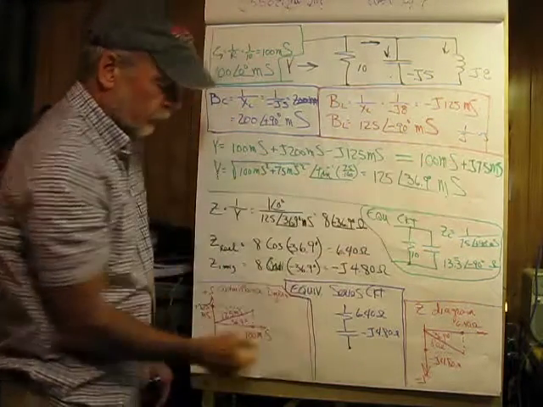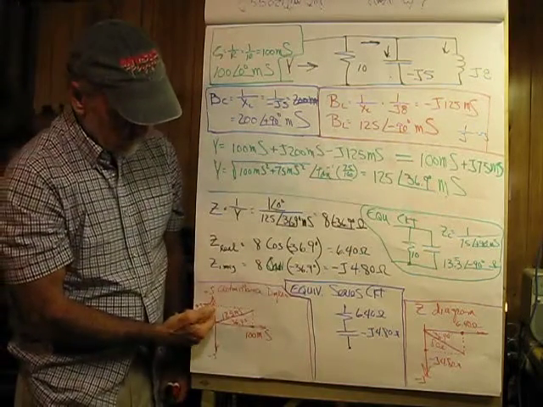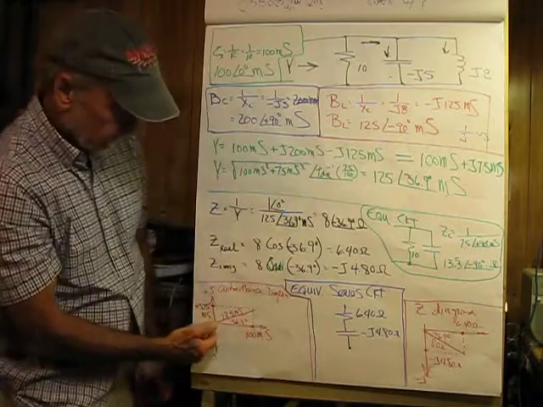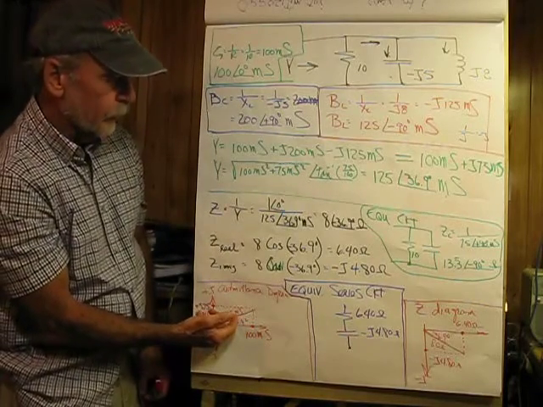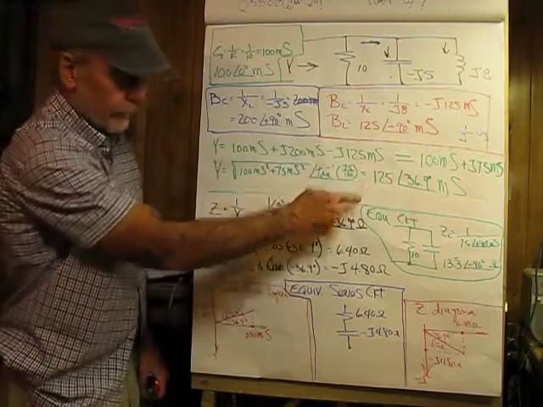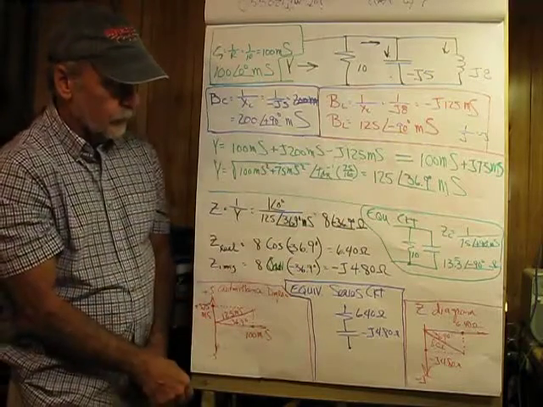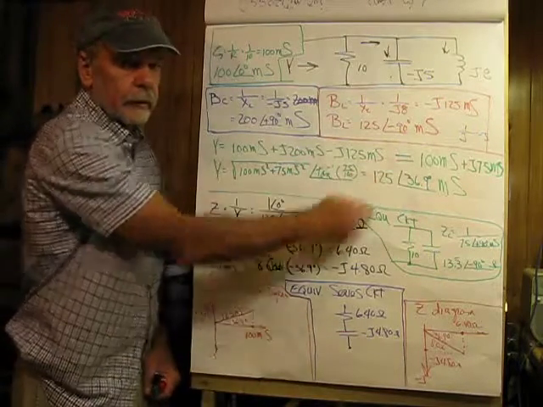That's where we get the 75 from. So if we complete the lines here, we end up with 125 millisiemens. That's him. And the angle in here is 36.9 degrees right there.